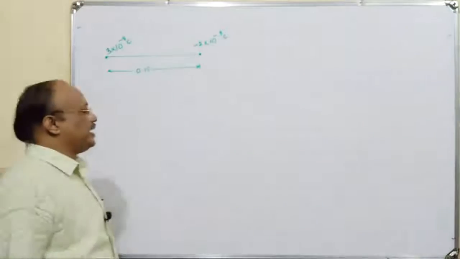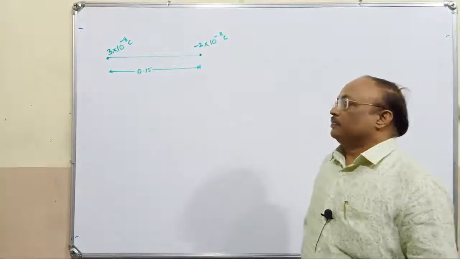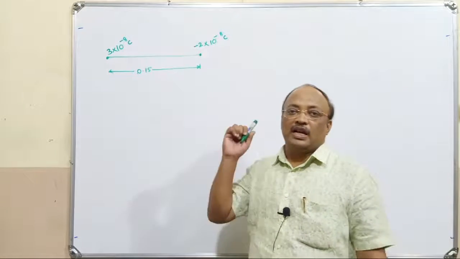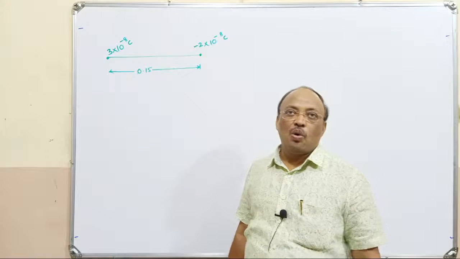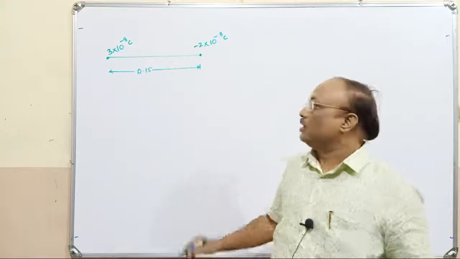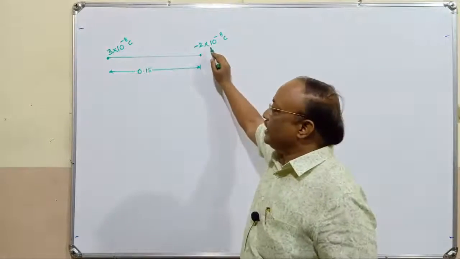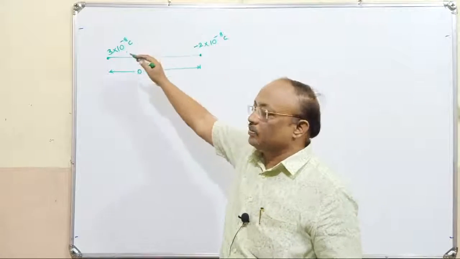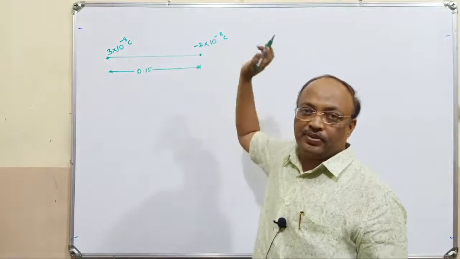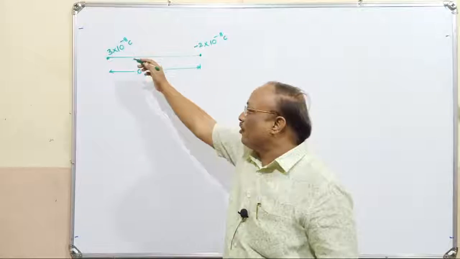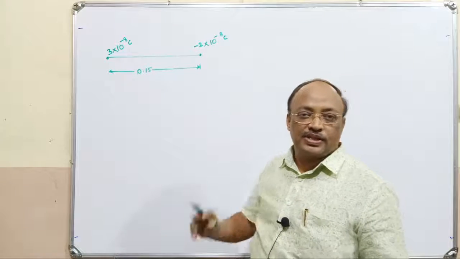Electrical potential is 0 only when one charge is positive and the other is negative. Then only somewhere the potential will be 0. This is one thing.